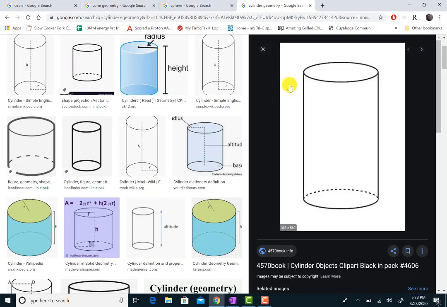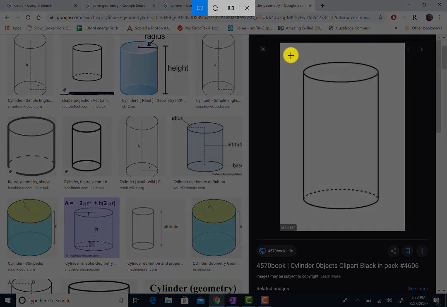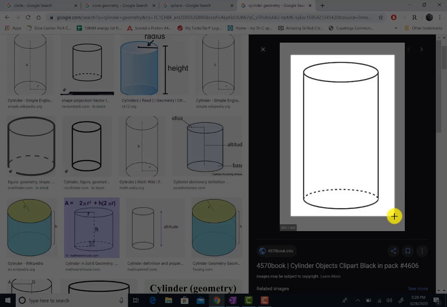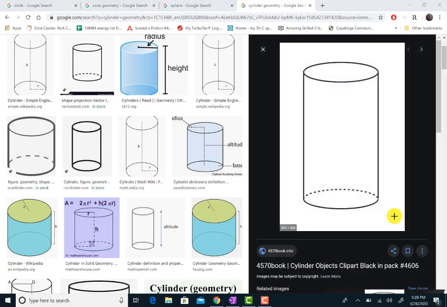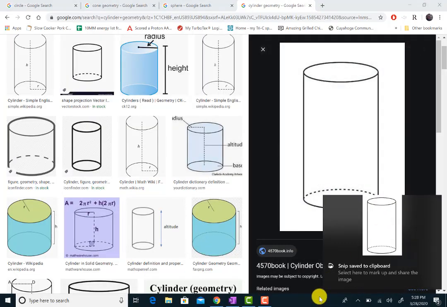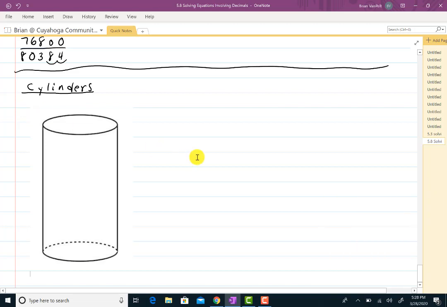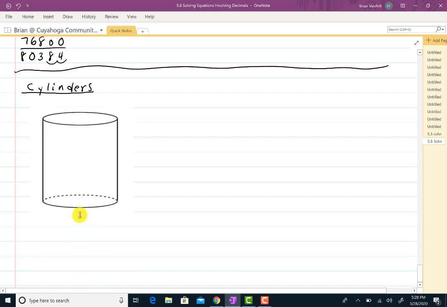I'll use that one and paste it in here. Very big. I could probably make it smaller. I think I will do that because I don't want it taking up so much of the page. And I think that's pretty good.